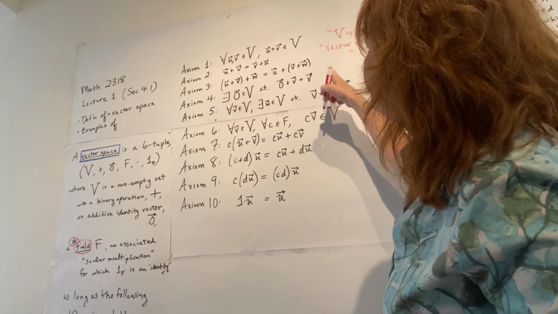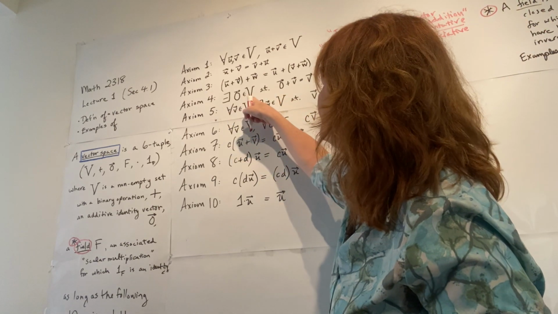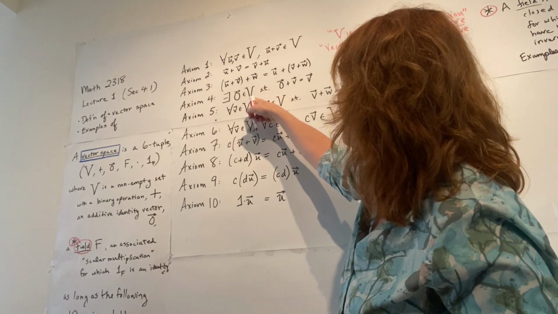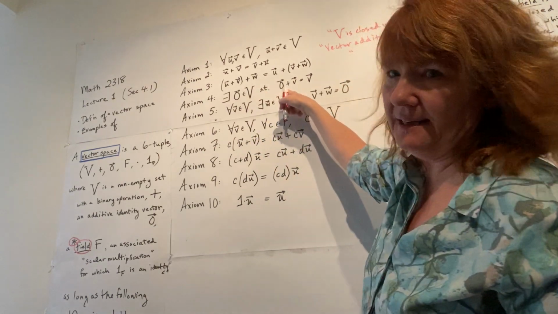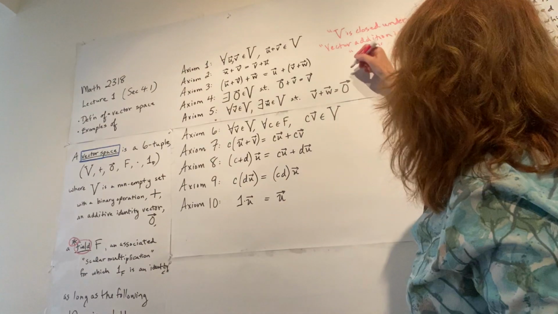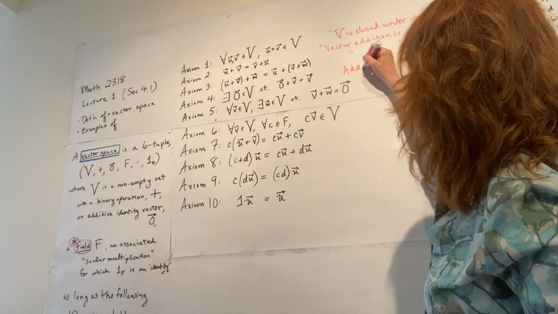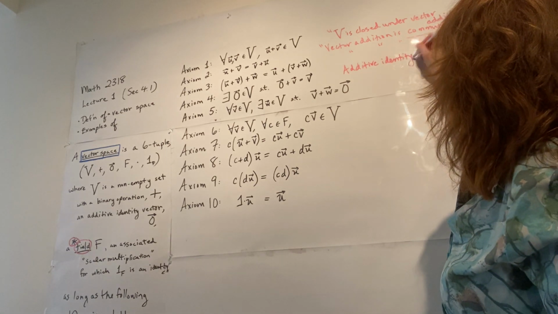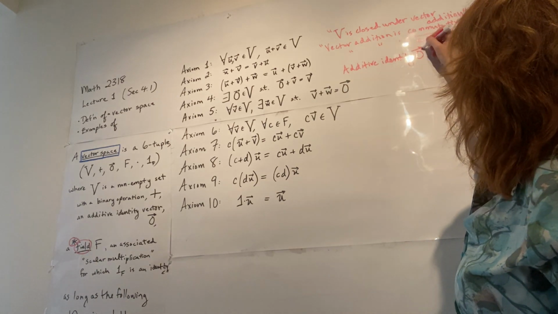Axiom 4. There has to be a vector in the vector space V that acts like the additive identity for vector addition. So, additive identity: 0 with a vector symbol over it.